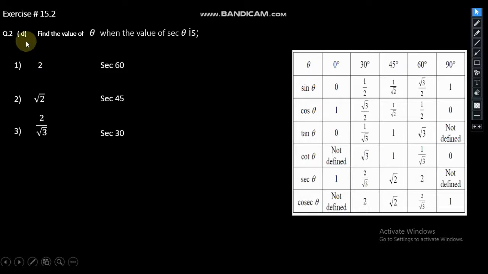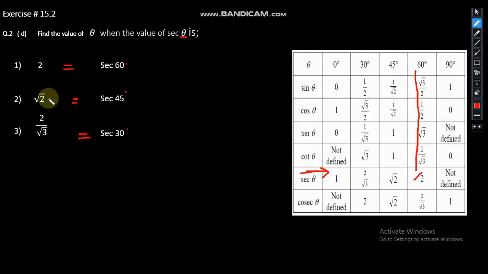Question number 2. Find the value of theta when the value of sec theta is given. Sec theta 60 degree, sec theta 45 degree, and 30 degree. When it is 2, in column sec 60 degree, which means sec of 2 is equal to 60 degree.